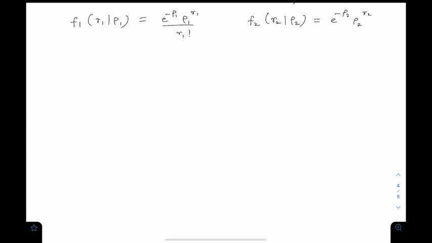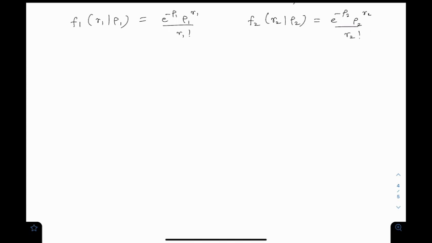So we have F1 of R1 given rho 1 equals e to the power minus rho 1, rho 1 to the power R1 by R1 factorial. And similarly F2 of R2 given rho 2 equals e to the power minus rho 2, rho 2 to the power R2 by R2 factorial.